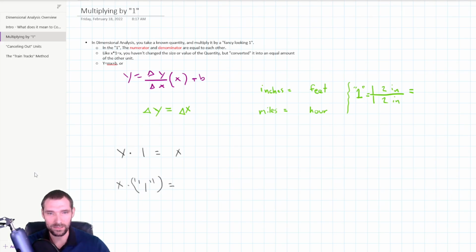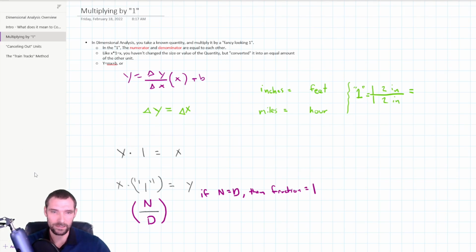And that is going to give you something that's equal. So in this case, if you have the numerator and the denominator be equal to each other, so this is that numerator and this is that denominator, right? In that context, if the numerator is equal to the denominator, then the fraction is equal to 1.